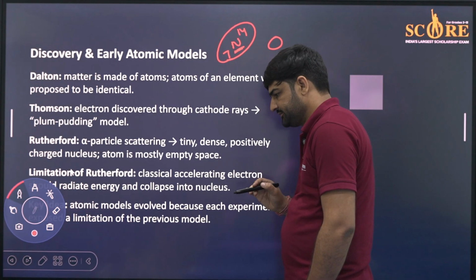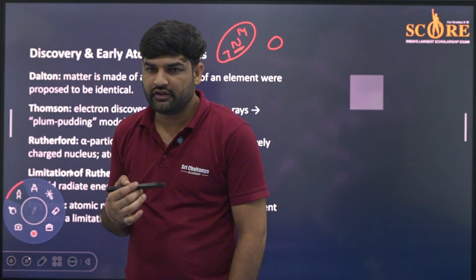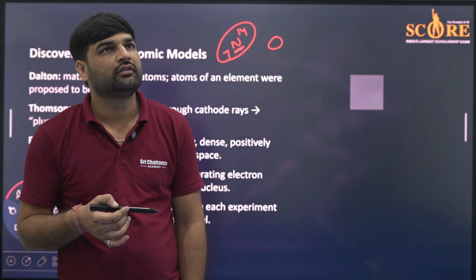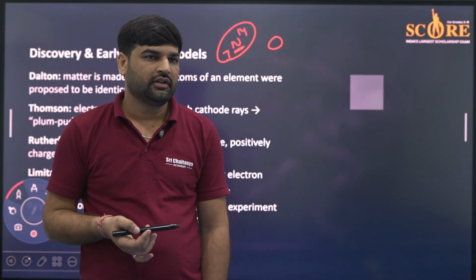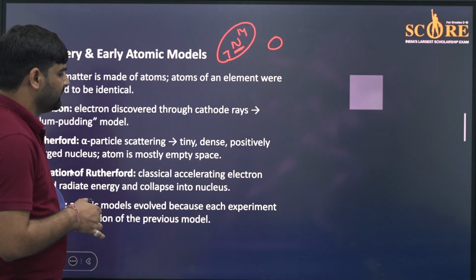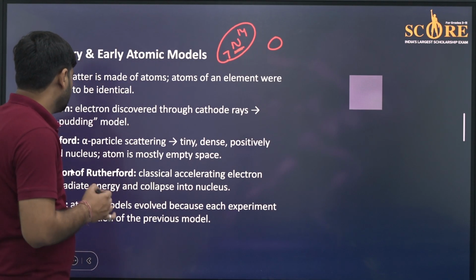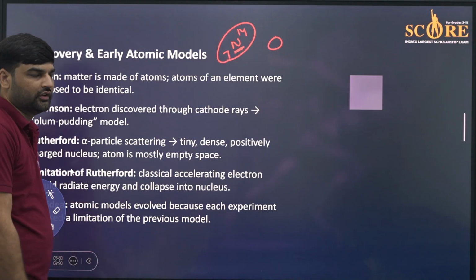After that, as the discovery of electron, proton and neutron came, Dalton theory failed, and the next model was Thomson model, also known as plum pudding model.